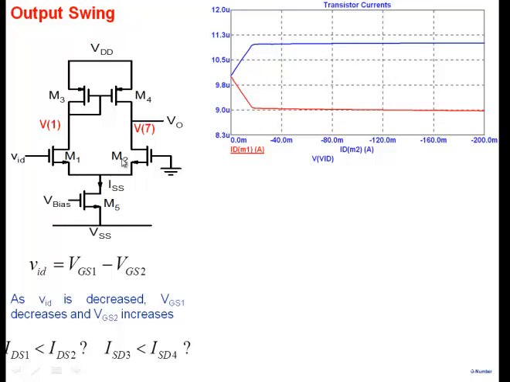ID M2 should become large, and it also increases, but not by too much, right? Because the differences can only come about because of channel length modulation, and that's not a very strong effect. So to a first order approximation, what you can say is that the current switching doesn't occur. ISS does not switch to this transistor here. Very little of it goes here, and some small differences occur here.